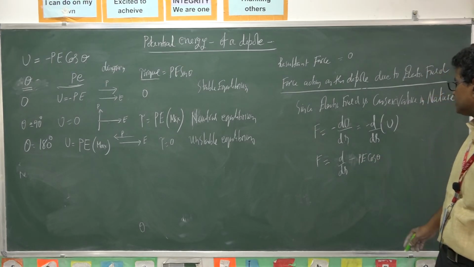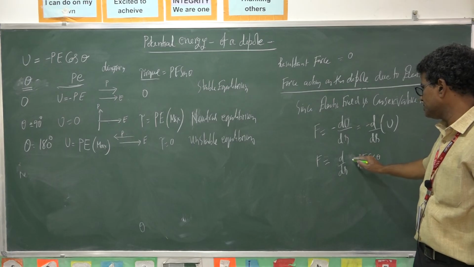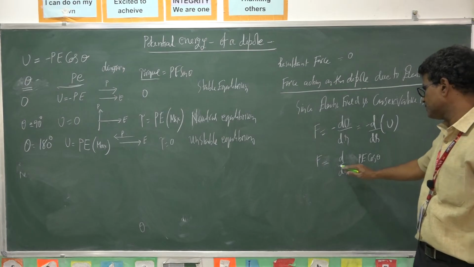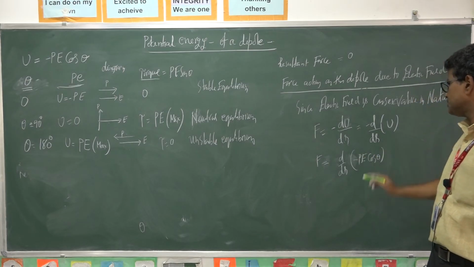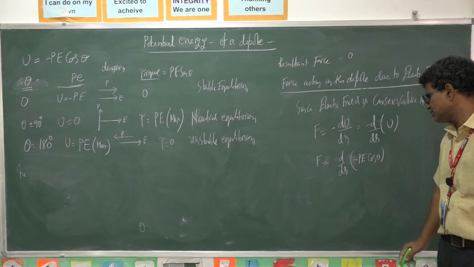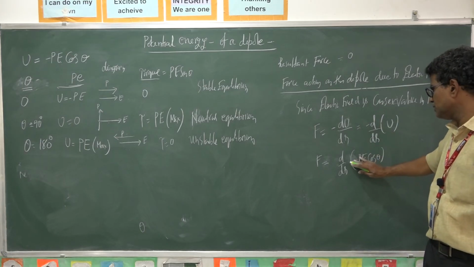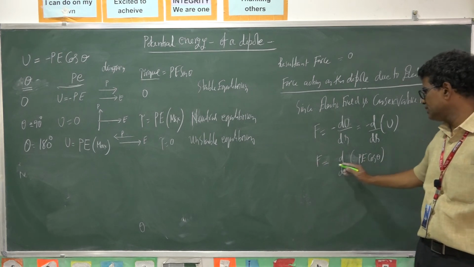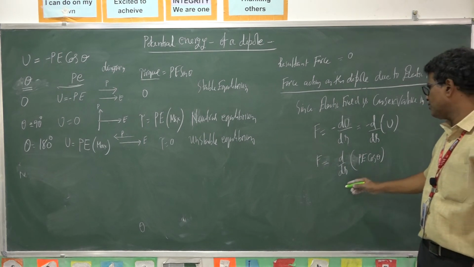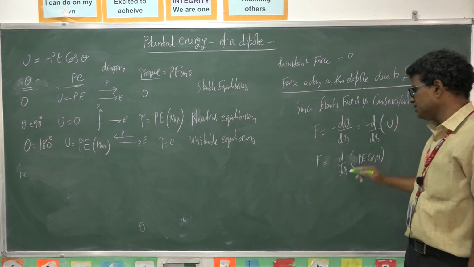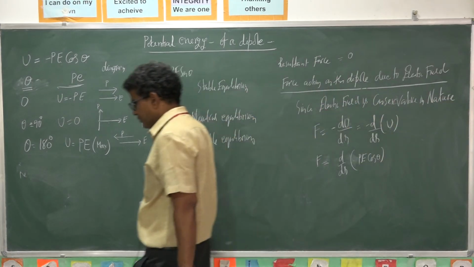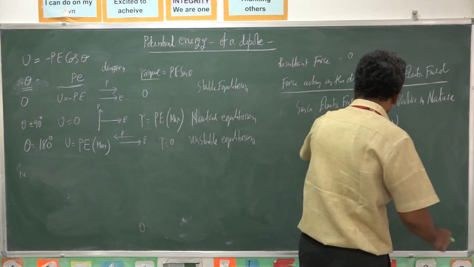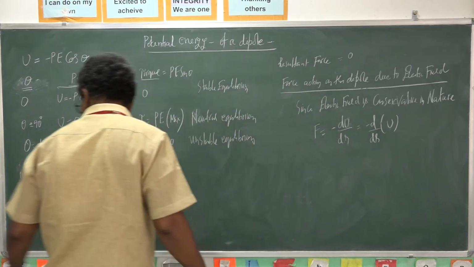Differentiate this, and minus of minus gives plus, so you get the force acting on the dipole as d by dr of PE cos theta. Suppose you take this example.